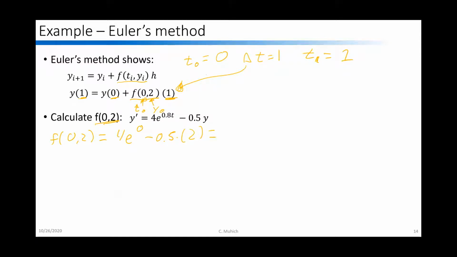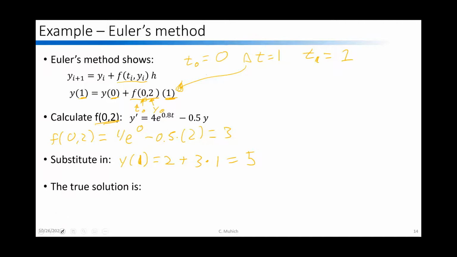When I plug all of this in, I get 3. So now I can substitute this into my equation. So y at t equals 1 is equal to 2 plus 3 times my h, which is 1, which gives me 5.